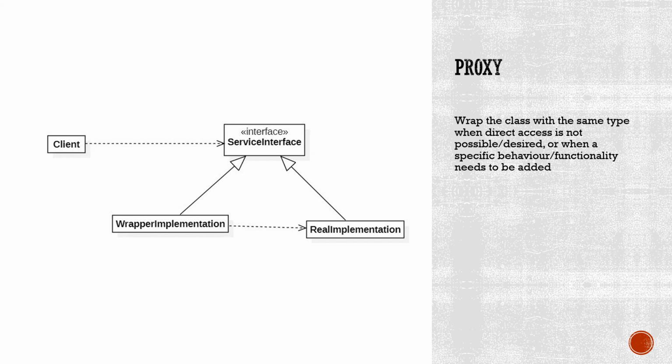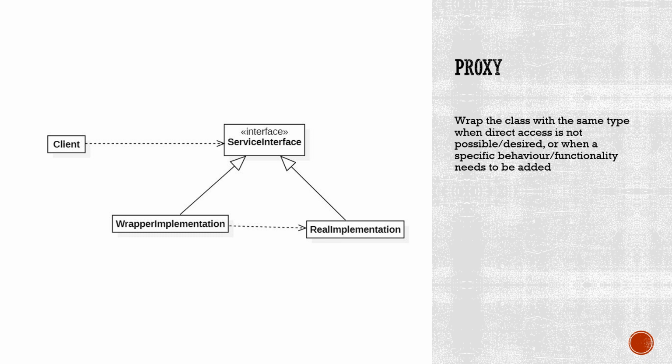So let's say that we have a class called client, and it depends on a service interface. And let's say that the real implementation is our target implementation that we want to set on the client, but somehow it doesn't have enough functionality.